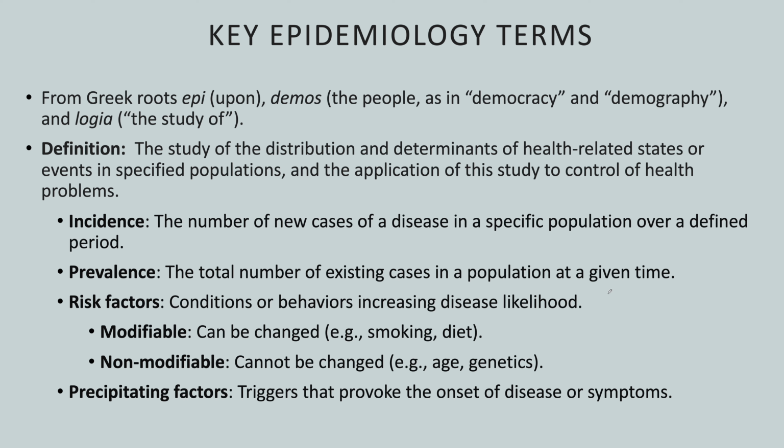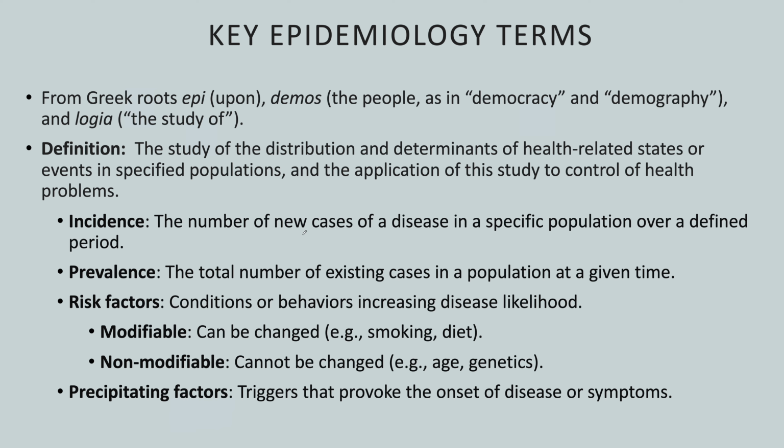Epidemiology comes from different terms, from the Greek epi, which means open, demos, like in democracy, people, logos, or logia, study of how diseases manifest in populations, in the people as a group. So the terms that we are going to be using are incidence, prevalence, risk factors, precipitating factors.